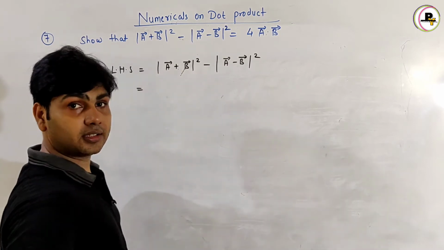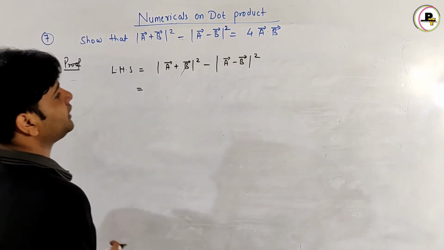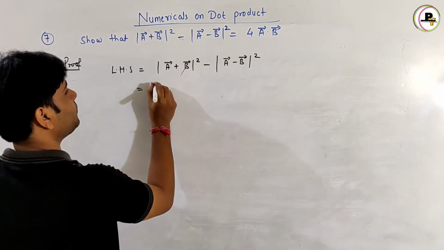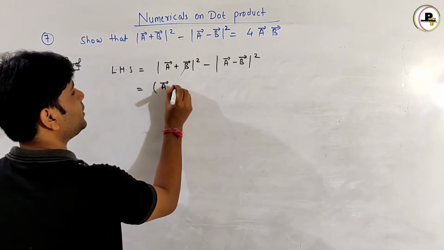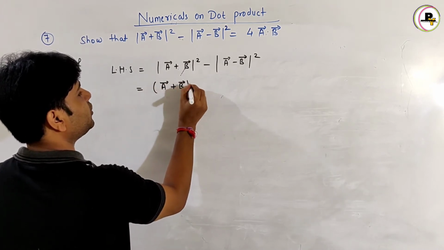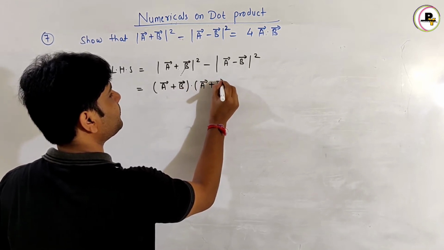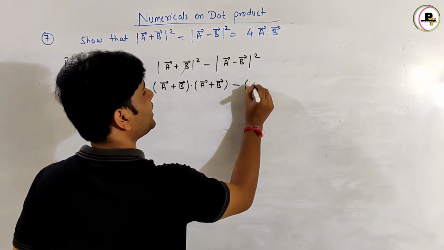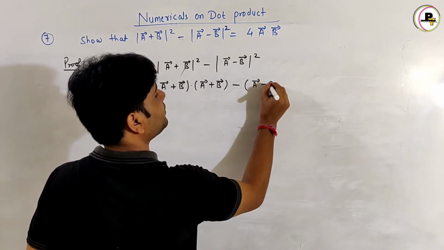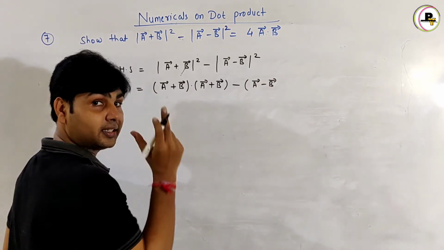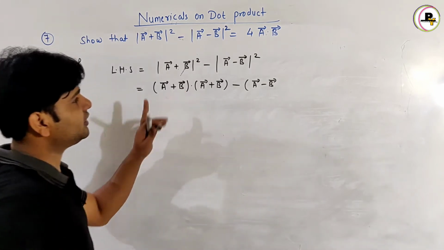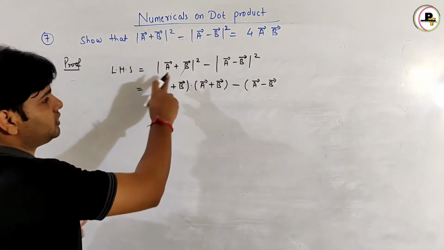and this is equal to, using the self dot product property, I can write here this value is equal to a vector plus b vector dot a vector plus b vector, and this value is equal to a vector minus b vector. There is no mod. In previous question I have solved this similar to that this question.